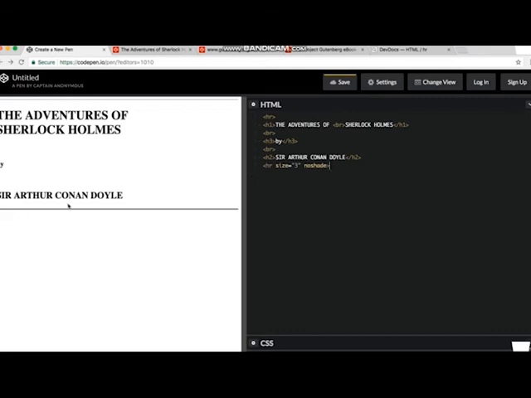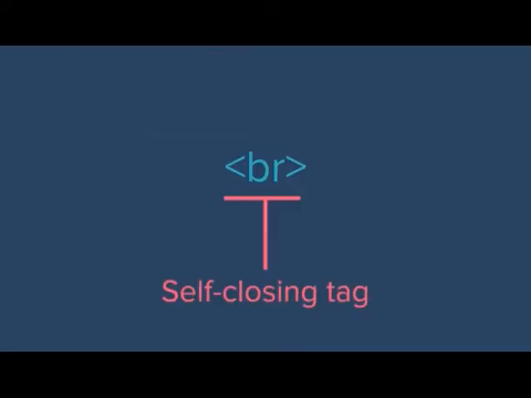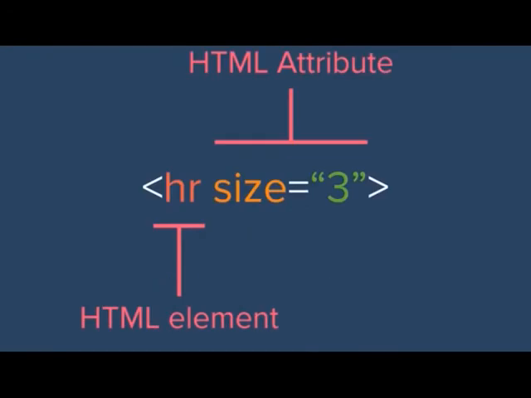We have seen HTML elements that require an opening tag as well as a closing tag. We have also seen HTML elements that have a self-closing tag, and finally we have seen that HTML elements can also have an attribute where you can specify modifications to the default element.